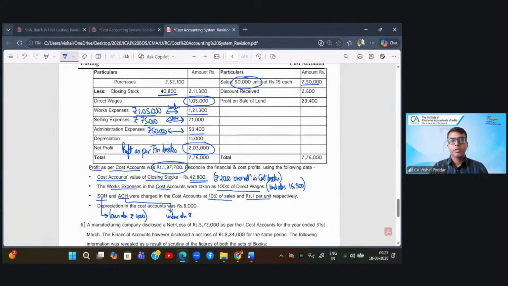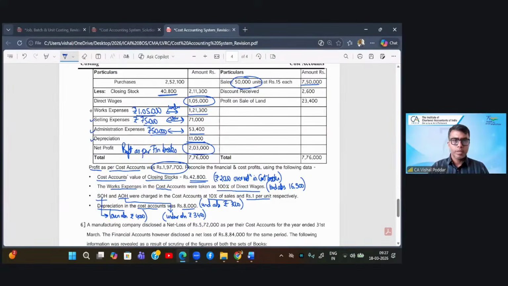How much? 3,400. Correct. Then comes depreciation. In costing books it is 8,000. In financial books it is this. So again, it is under absorbed. How much? Rupees 3,000. Correct.